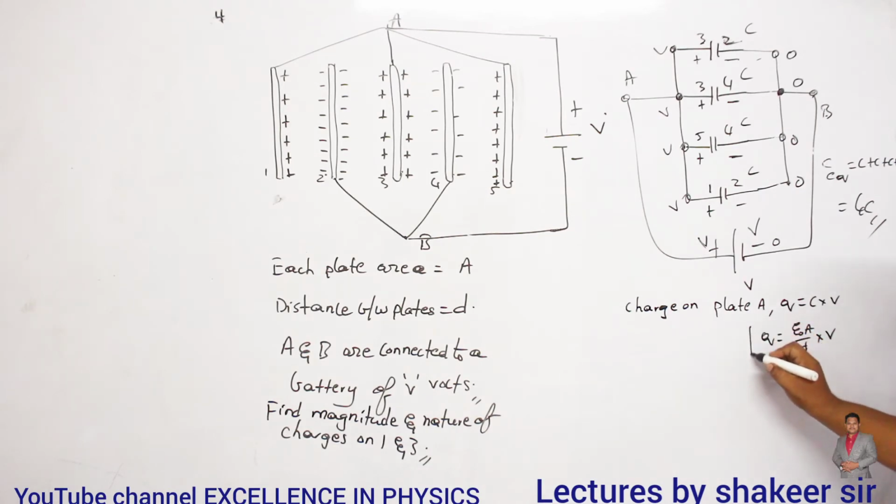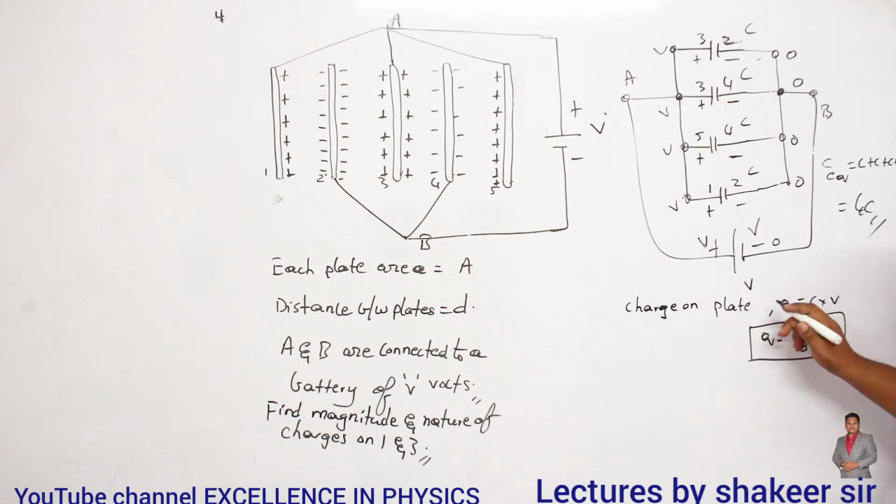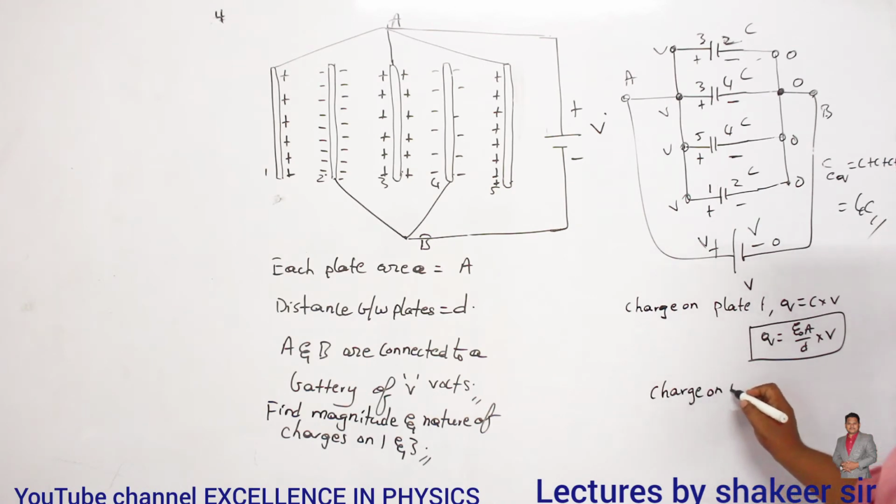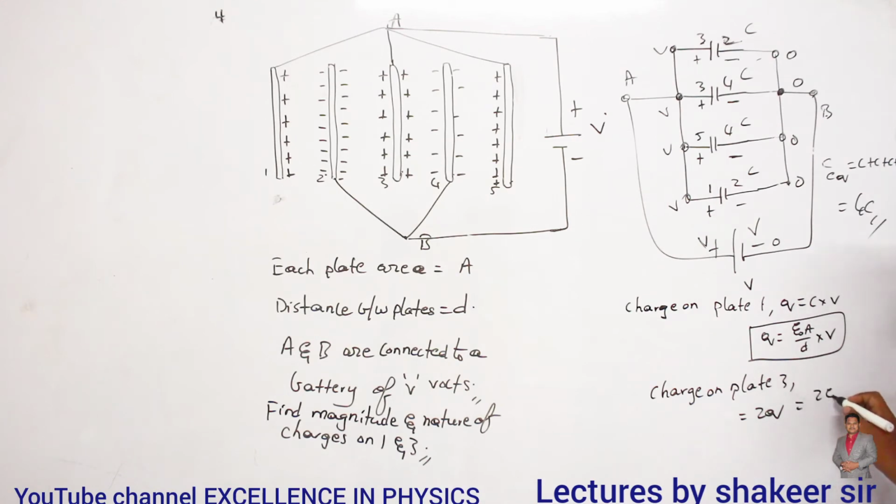So this is the amount of charge which is present on plate number 1. Clear now? Then what is the charge present on plate number 3? Charge on plate number 3 will be equal to 2Q. Why 2Q? Because charge is present on both sides of plate number 3. So therefore, 2 epsilon naught A divided by d multiplied by V. That is the charge which is present on plate number 3. That is our answer.